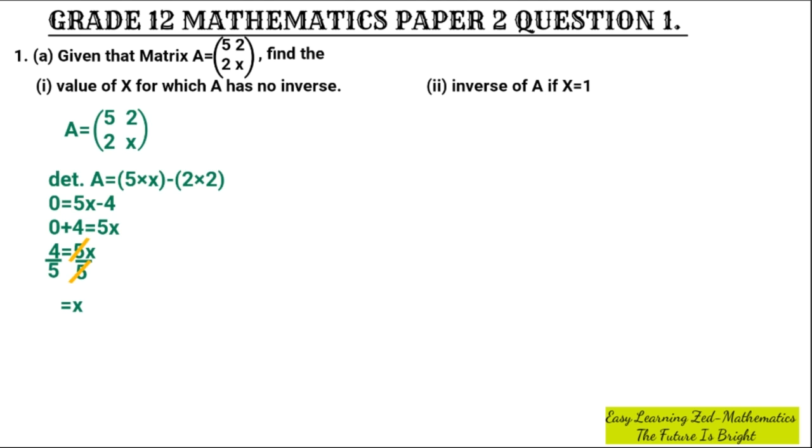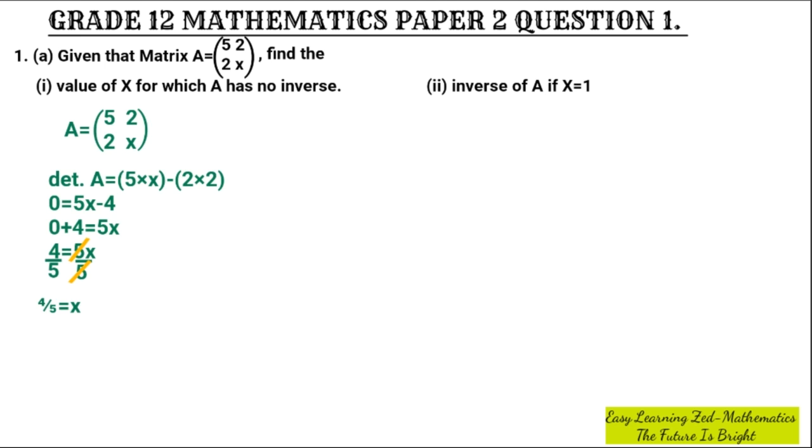So x is equal to 4 over 5, not 5 over 4, but 4 over 5. So the value of x in that matrix is 4 over 5. Basically, this was the answer for question 1a1.